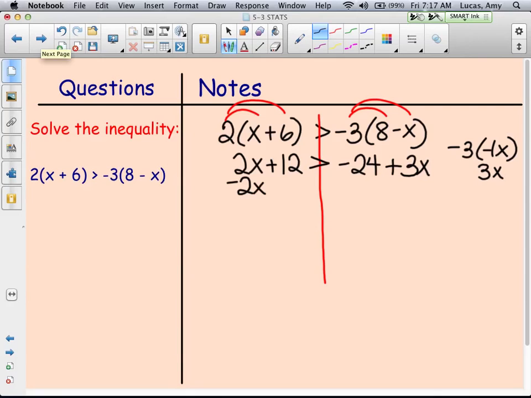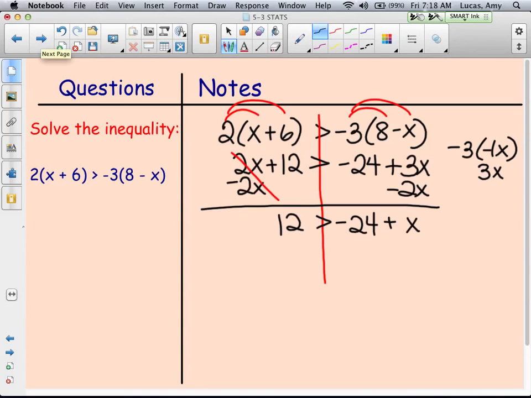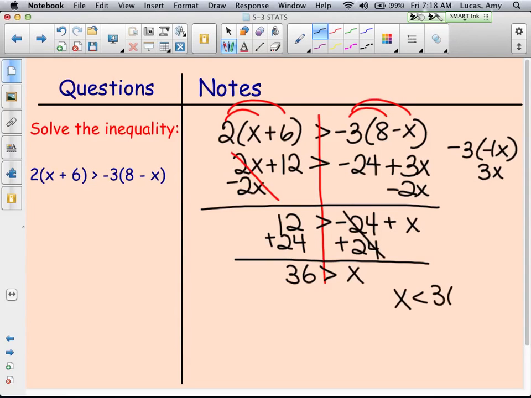Subtract away the smaller one. And 12 is greater than negative 24 plus x. 3x minus 2x is 1x, but I don't have to write the 1 in front. Now I need to add the 24 to eliminate it. 12 plus 24 is 36, so 36 is greater than x, or x is less than 36, to put the variable on the left-hand side.